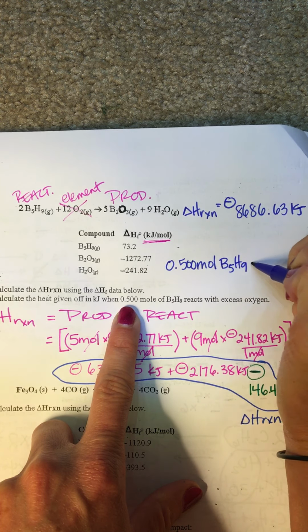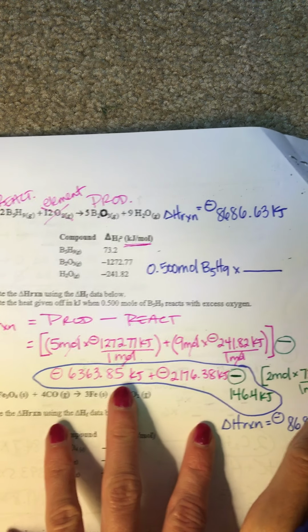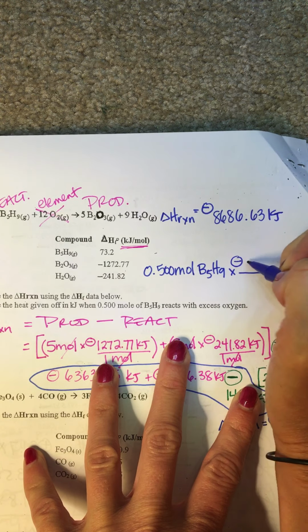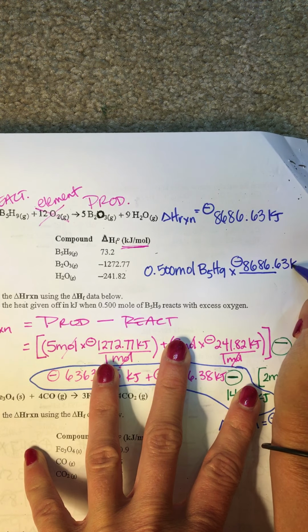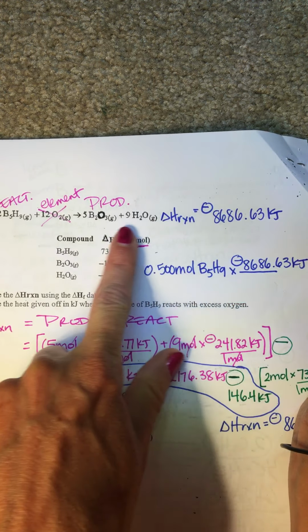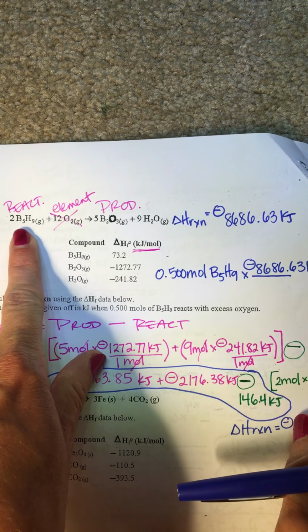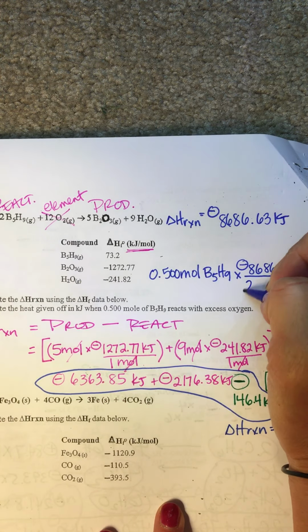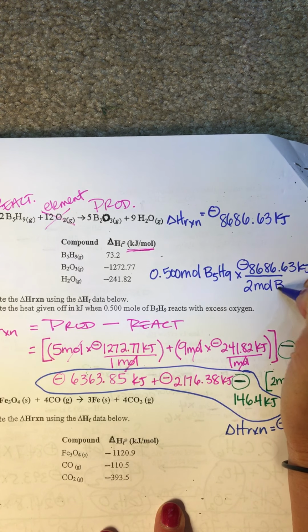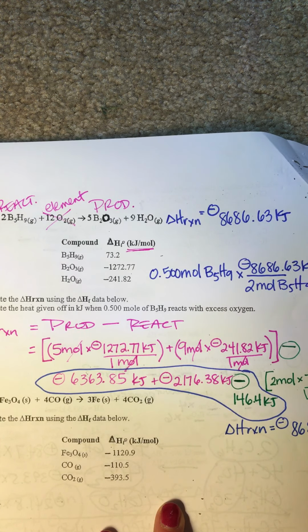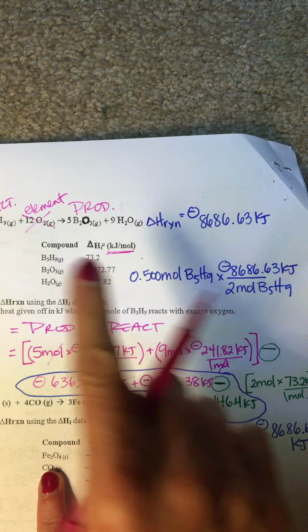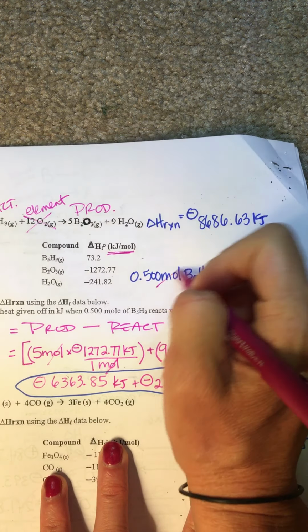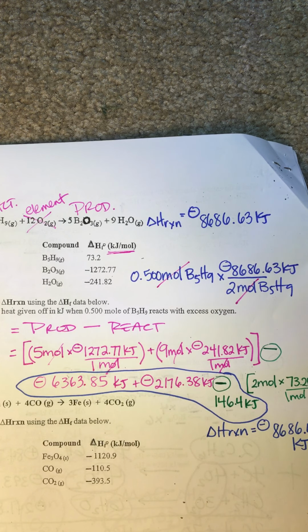Well, we're going to create our own conversion factor. So what does our balanced equation say? It says that, again, 8,686.63 kilojoules is released for how many moles? For 2 moles of B5H9. Okay, so we made ourselves a conversion factor from our balanced equation like we've been practicing. Okay. So now let's multiply that out.